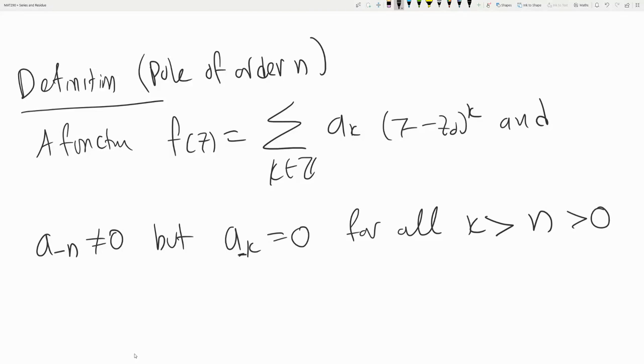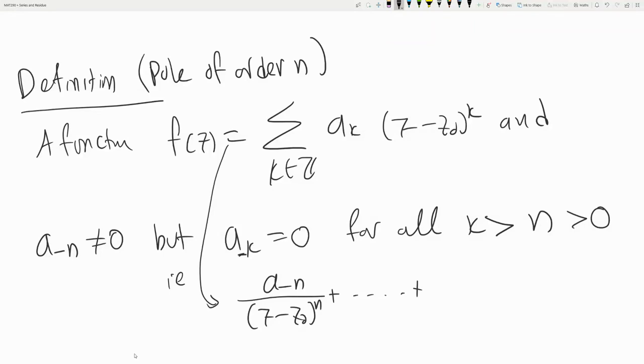So these are all positive numbers. What do I mean by that? I.e., the highest, most negative power is (z minus z naught) to the minus n. Then we have a minus 1, and then we have the analytic part and so on.